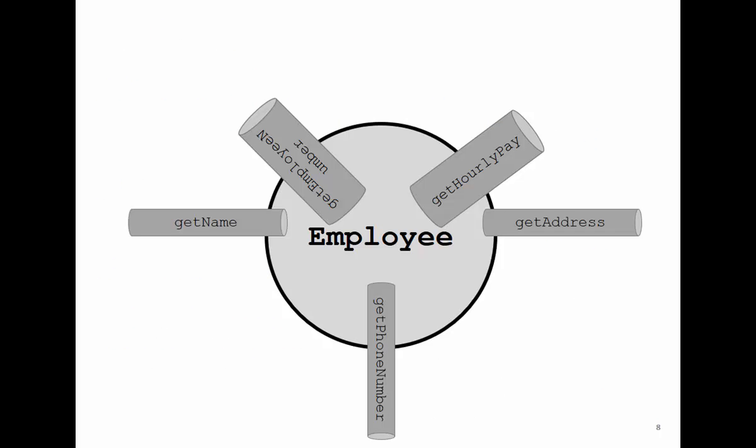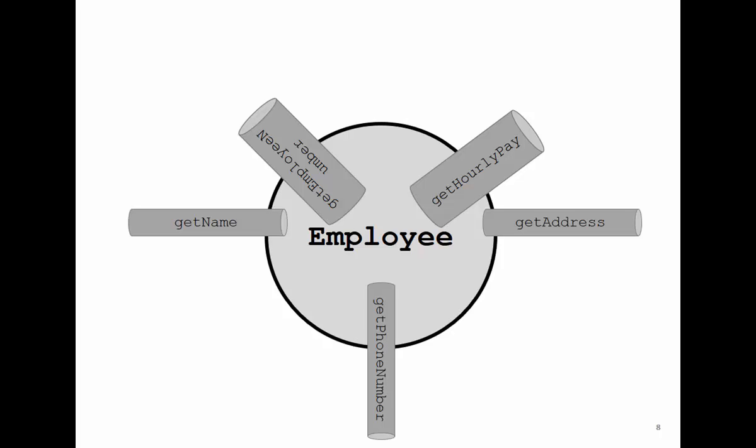Now, I told you last time, you can imagine you have the employee. A client can access the employee from outside by calling one of these public behaviors or public methods: get employee number, get hourly pay, get address, get phone number, get name.